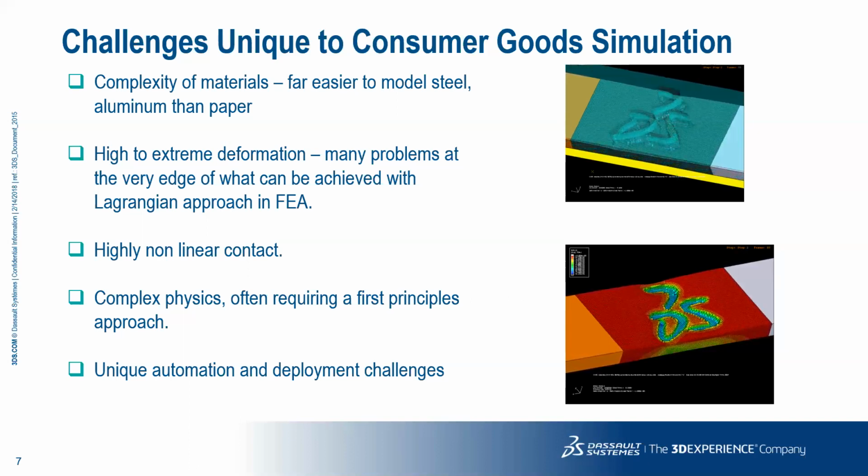So it needs that framework. It needs to be able to handle highly nonlinear contact. The contact can be very difficult because you can have the material folding onto itself, and all sorts of things happen. And then the stability of it: even if you solve a problem, how do you ensure that it's stable enough that others can reuse it? Those have their own unique challenges.